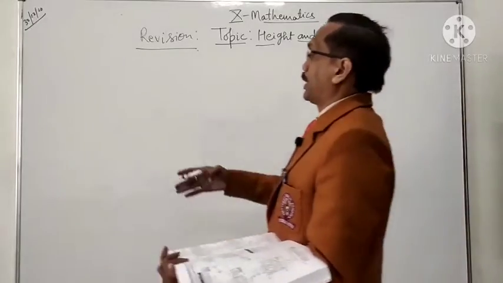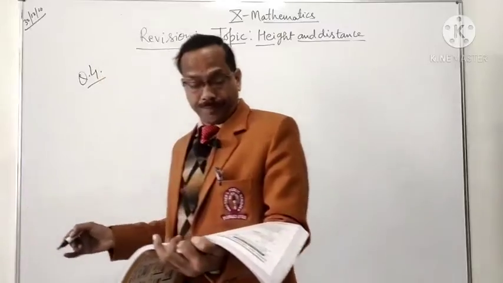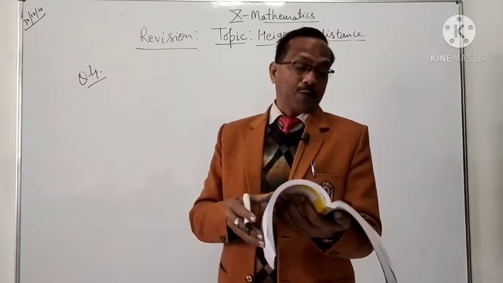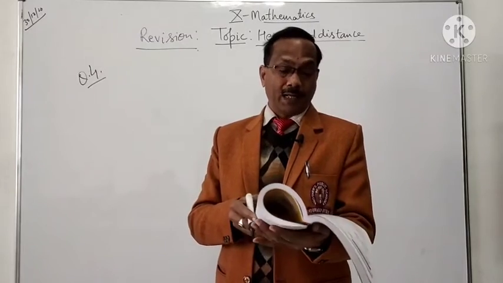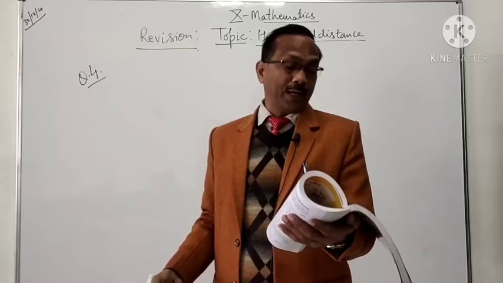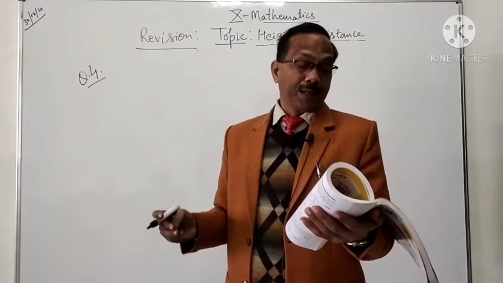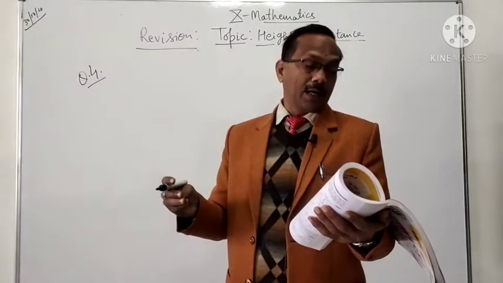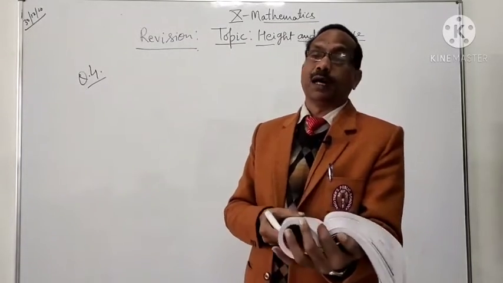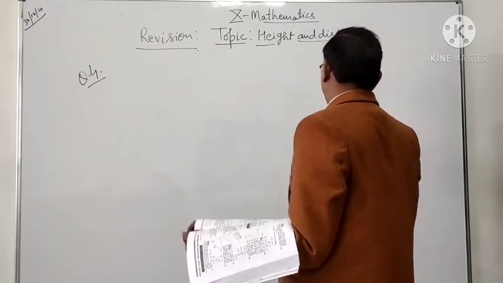Now, student, next question number 4. The angle of depression of two ships from the top of a lighthouse and on the same side of it are found to be 45 degree and 30 degree. If the ships are 200 meter apart, find the height of the lighthouse. Student, let us suppose there is a lighthouse.